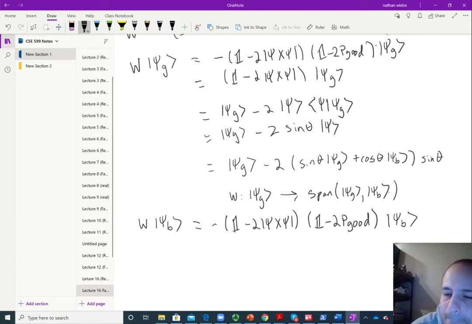Now, this flips the sign of the good space. However, psi b is manifestly in the bad space, so it doesn't change the sign at all.